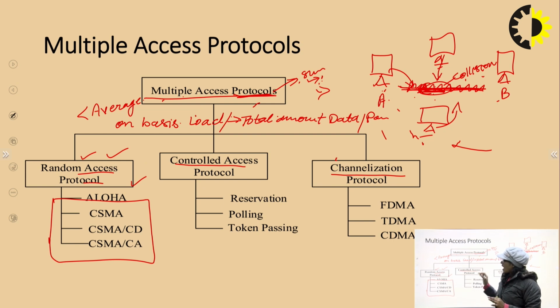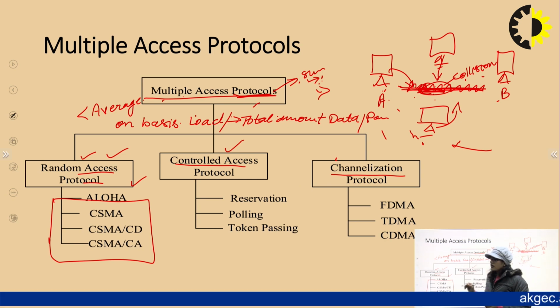If we have an average type of load, a limited number of devices attempt to use the network medium to transmit data from one location to another. That means it works in a controlled way, and that's why we use the controlled access protocol.